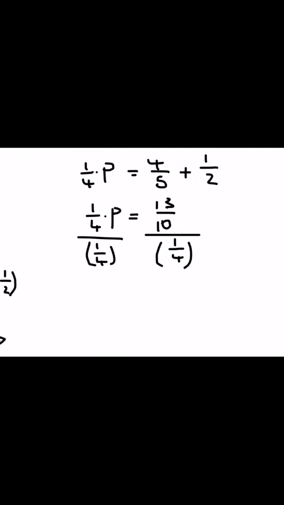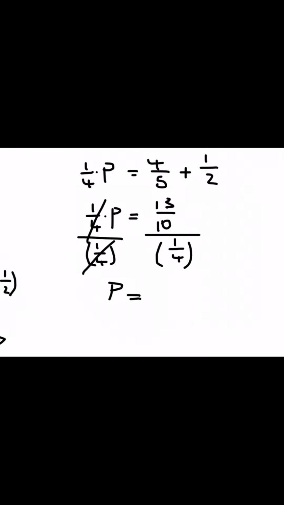On the side you plus it by 1 over 2, and then you get 13 over 10. So now you just remove that coefficient of 1 over 4, but just remember to put it inside the brackets. Whatever you do on the left, you also do on the right. Can you see now that that cancels completely with that? You remain with p, which is what you are looking for.